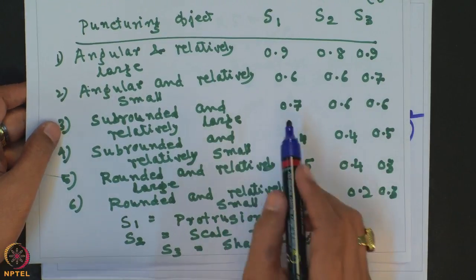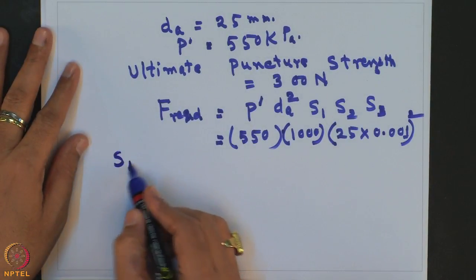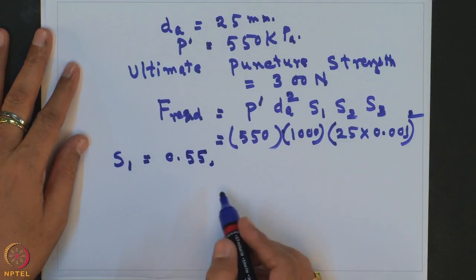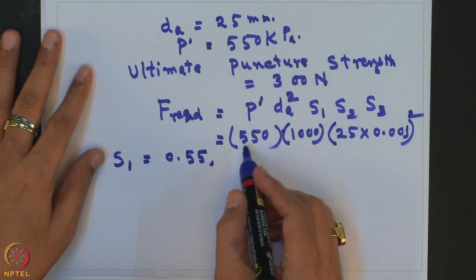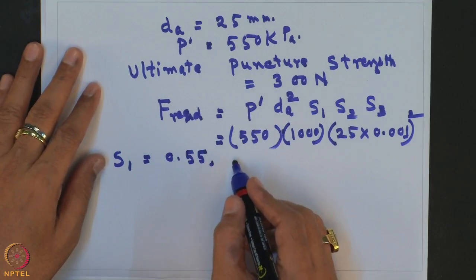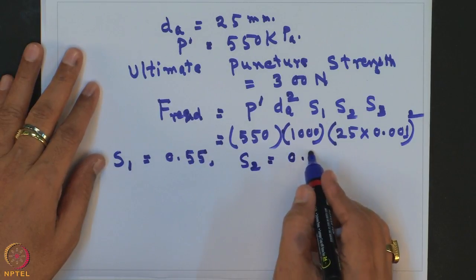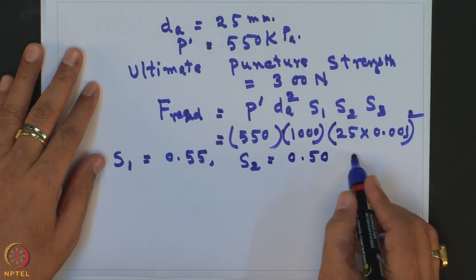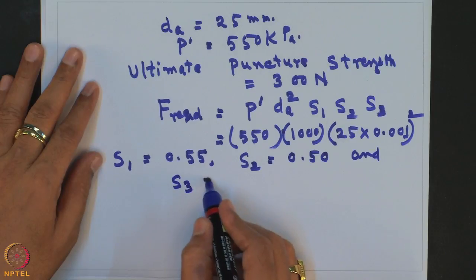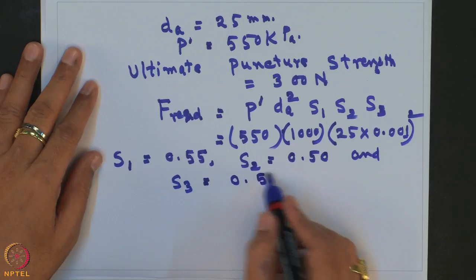Let us say that S1 value is 0.55, and S2 value is 0.50, and S3 value is 0.55.